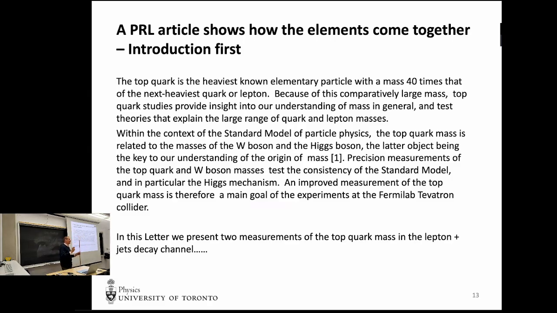So we're trying to position the top quark and its mass in the context of why it's important in the Standard Model. So an improved measurement of the top quark mass is therefore a main goal of the experiments. Okay. So it lays out why this should be important.